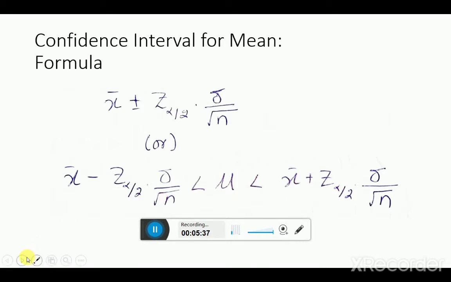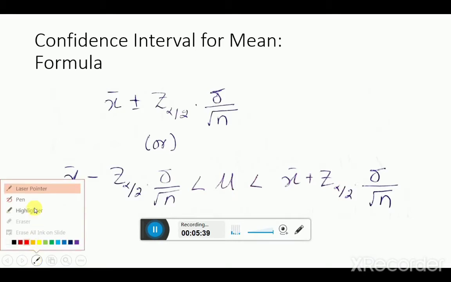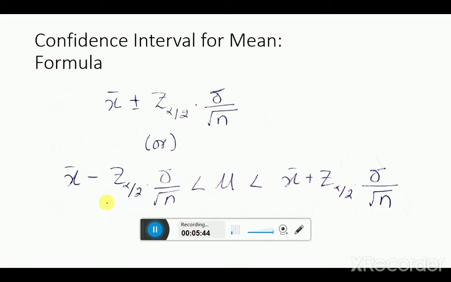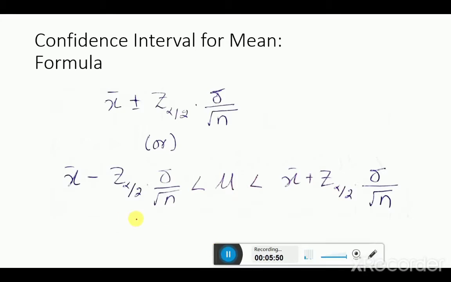Look at here, let me first write it down. Suppose you have this: 22 less than mu less than, let's suppose, 26.